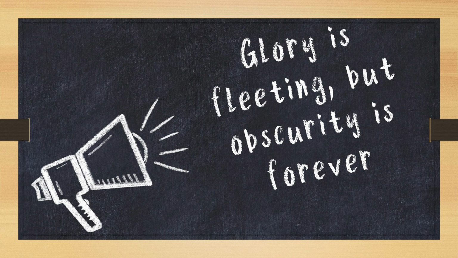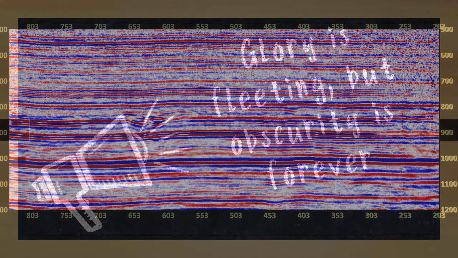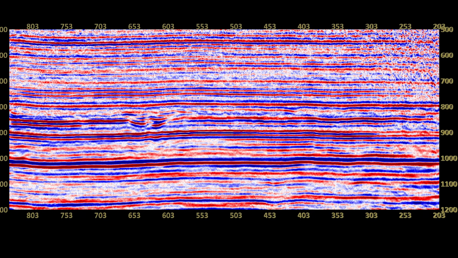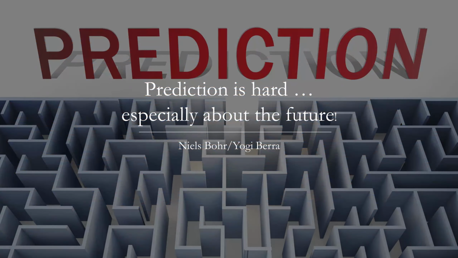All glory is fleeting. I next tried my hand at seismic, and I produced a display that looked very much like this. When I showed it to an interpreter, he said, "Congratulations, you have produced a square wave display," and he predicted that no one would ever use it. But as the two geniuses once said, prediction is hard, especially about the future, and he got it wrong.